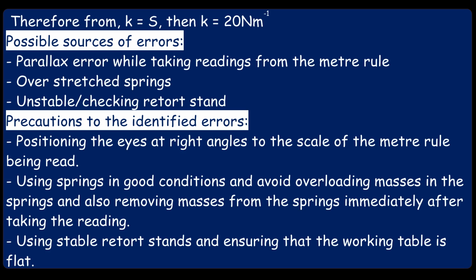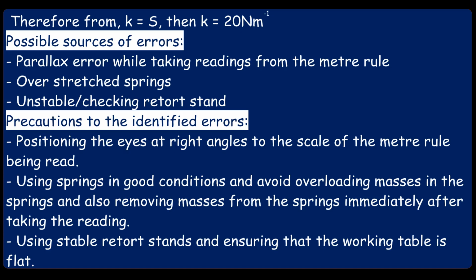Okay, so after that we shall move on to relating the slope to the value of the force constant, which is K. And from the equation we are getting that K equals S, therefore K equals 20 Newton per meter. Possible sources of errors. Errors may arise due to parallax.